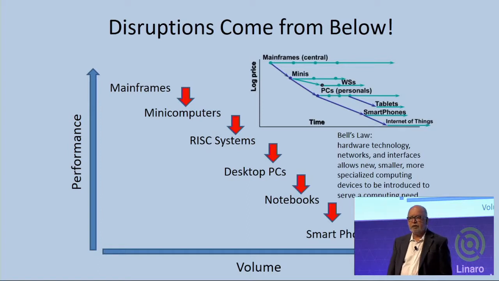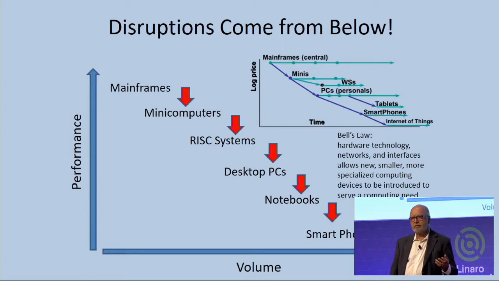Now, I started in this business working at Digital Equipment Corporation in 1977 on mini computers. And what I saw over the last 40 years or so is that disruptions always come from below. Somebody finds something that is less expensive, smaller, and that comes in and eats into the lunch of the bigger things.